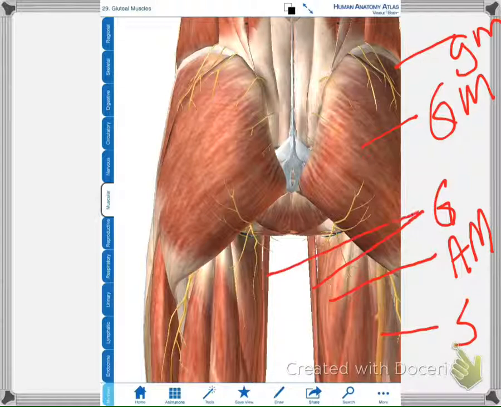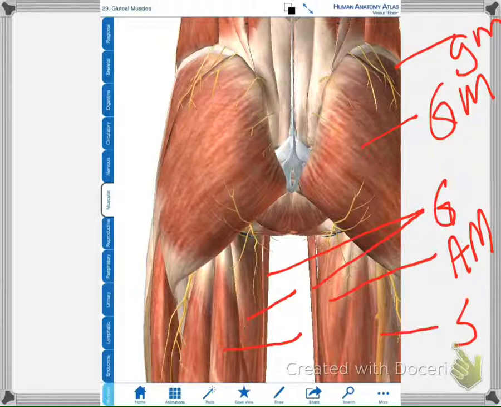Again, this is going to be our gracilis, the muscle that's going to be medial here, and here is our semimembranosus and semitendinosus.